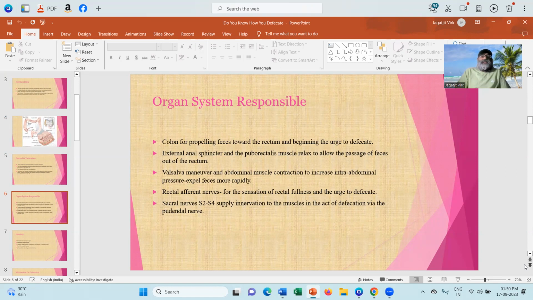The Valsalva maneuver and abdominal muscle contraction increase intra-abdominal pressure and expel feces more rapidly. Rectal afferent nerves give the sensation of rectal fullness and the urge to defecate. Sacral nerves S2 to S4 supply innervation to the muscles in the act of defecation via the pudendal nerve.